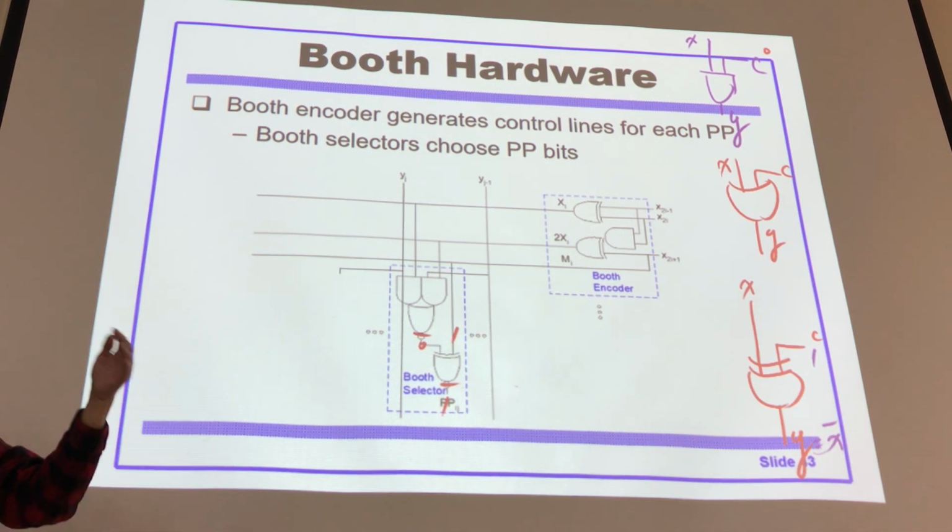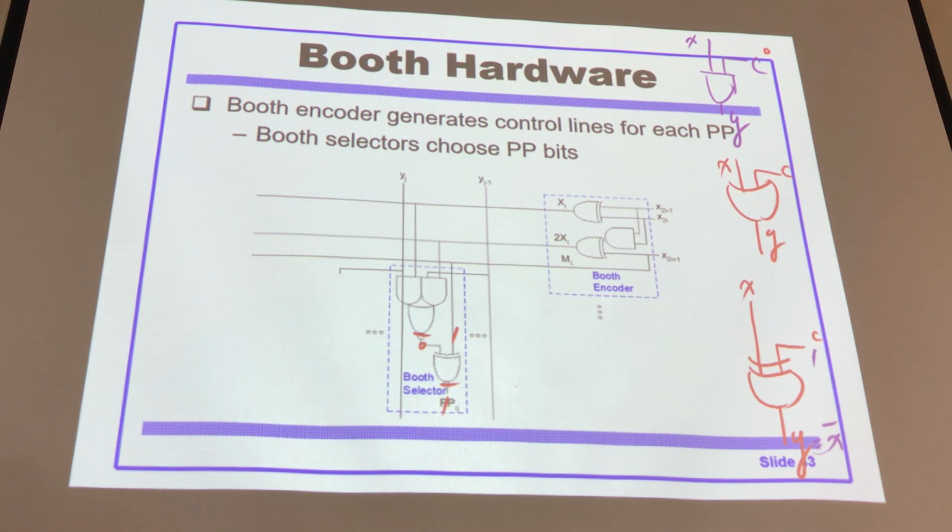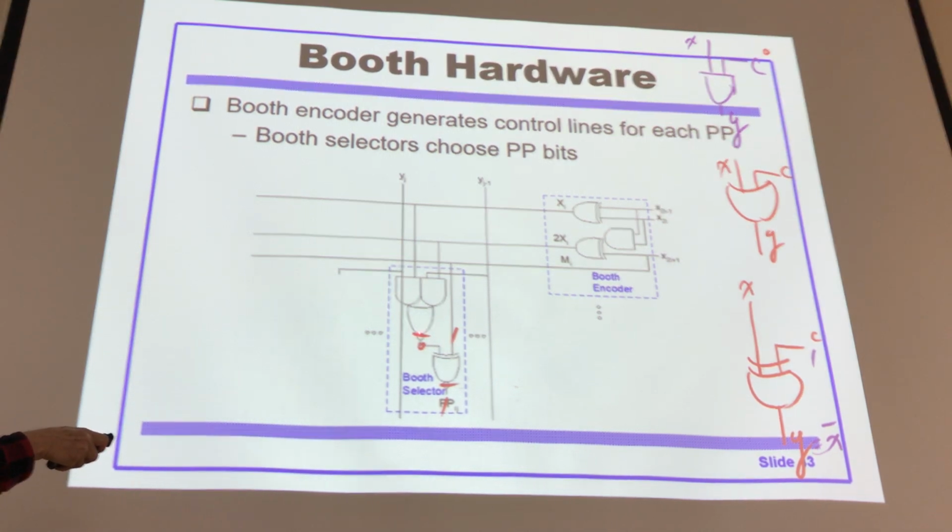NAND gate is easier to implement than AND gate. But because of the XOR gate here, the signal will go through. The two bubbles will cancel out each other. So just imagine that there's a bubble here, but this bit will invert the signal going through. So that's doing one's complement.